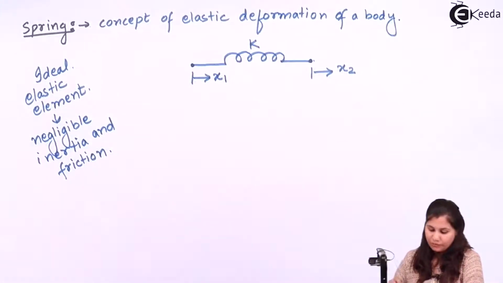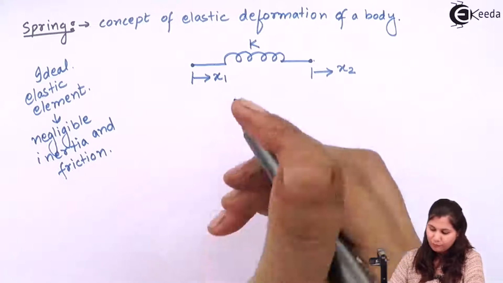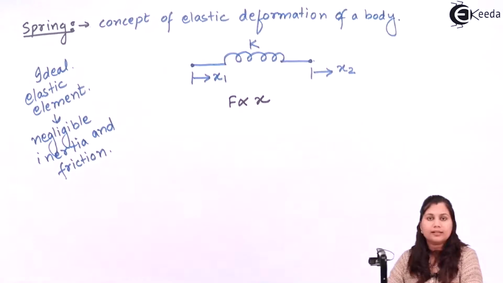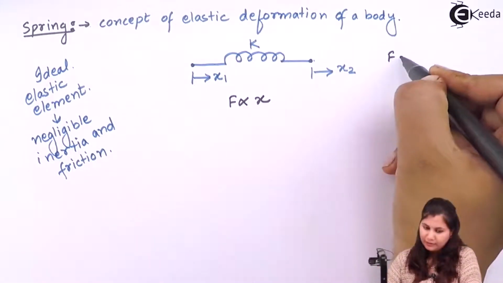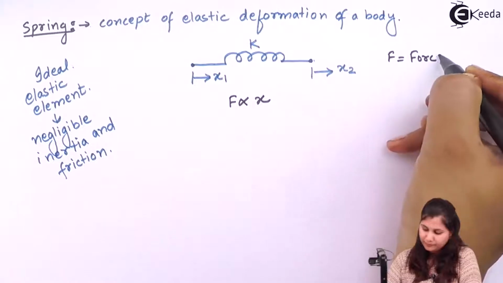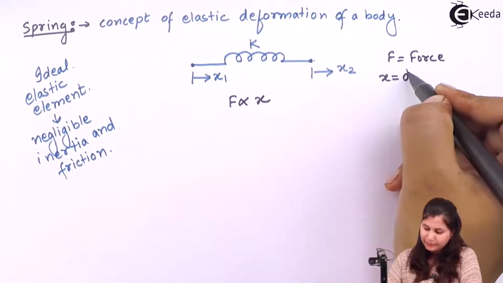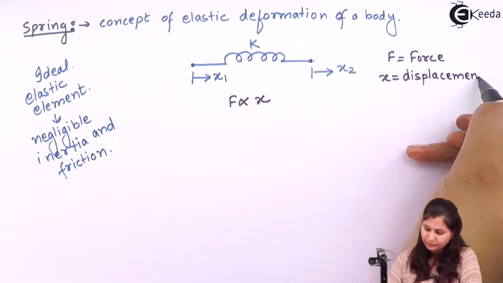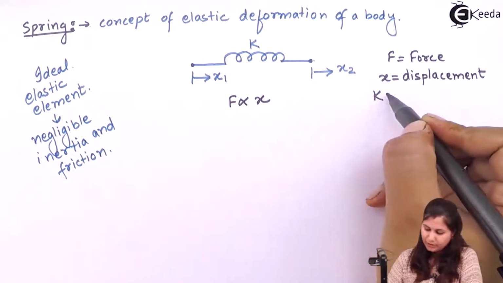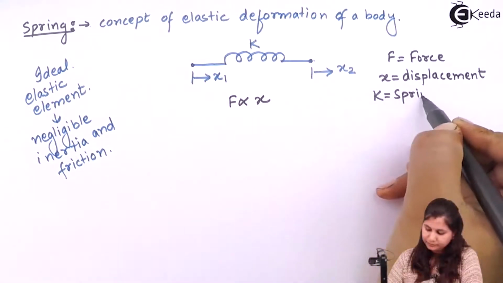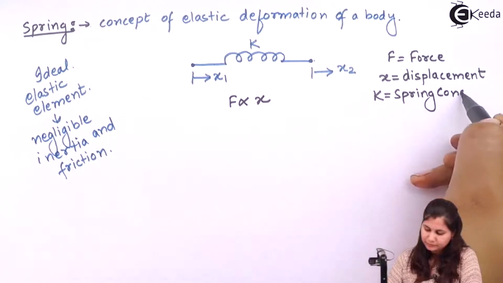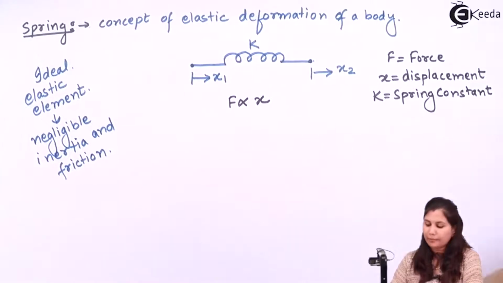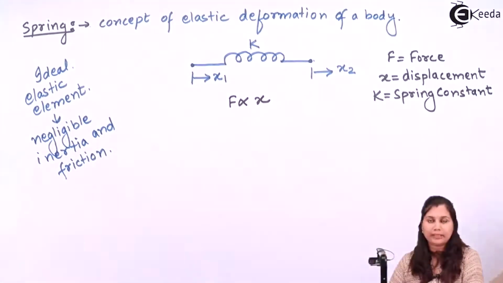The applied force is proportional to the displacement caused in the spring. F is the force, x is the displacement, k is the spring constant, and this spring constant depends upon the material used to make the spring.